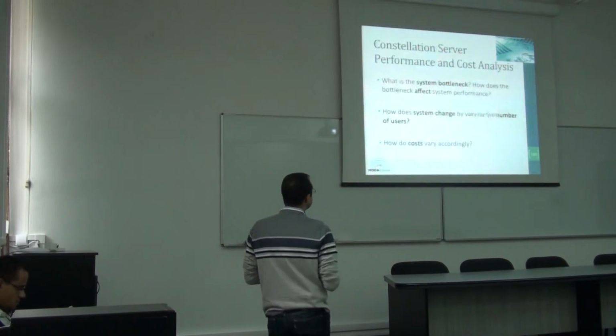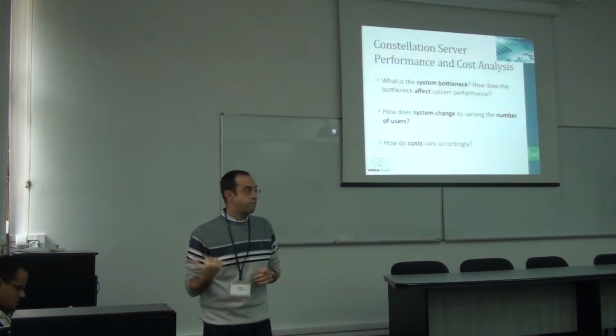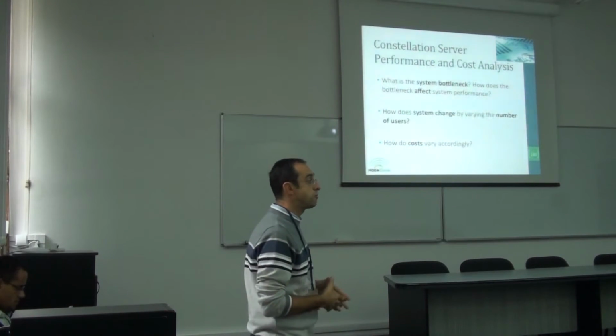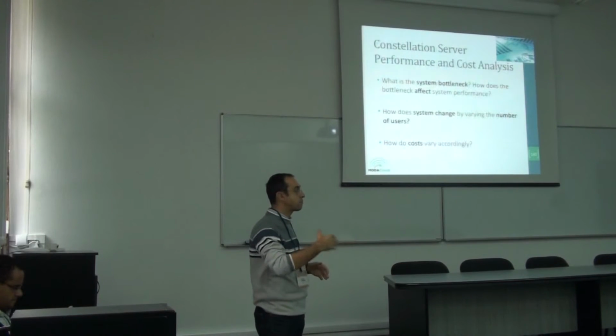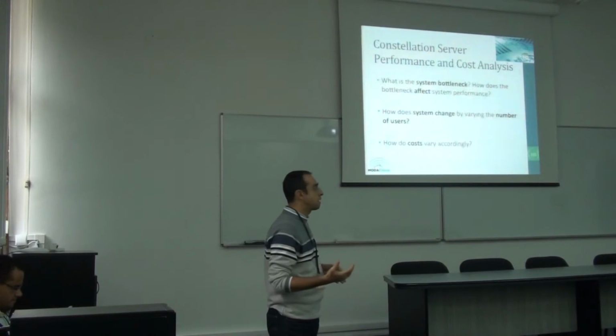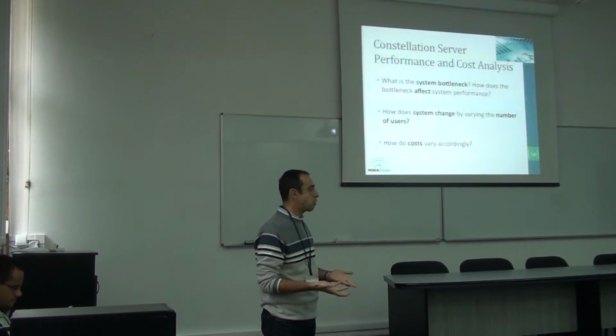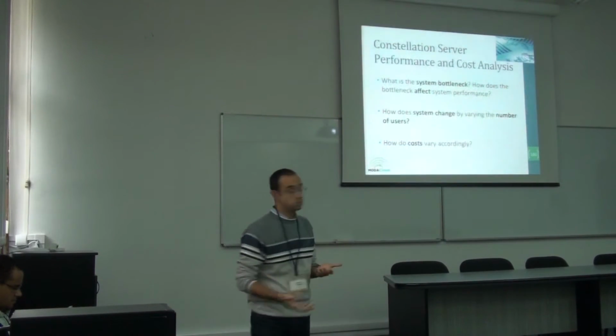And then what we do here is a study of the constellation configuration, in a way that we want to understand what happens if we vary the number of users, and so we want to understand how the configuration changes and also the cost.